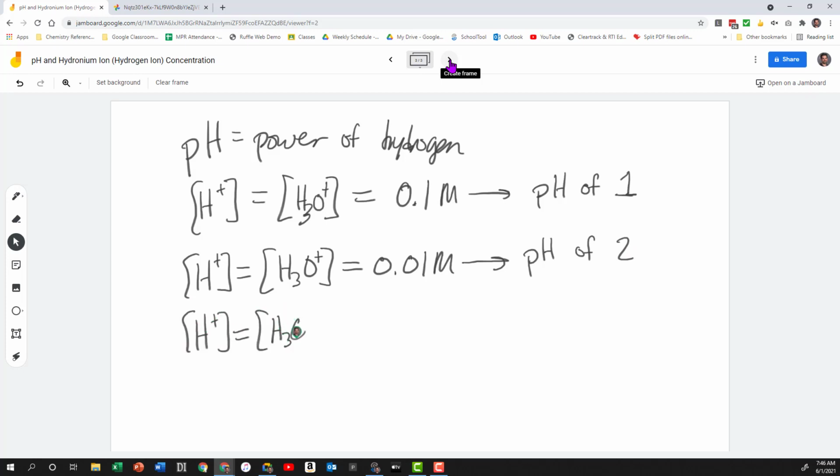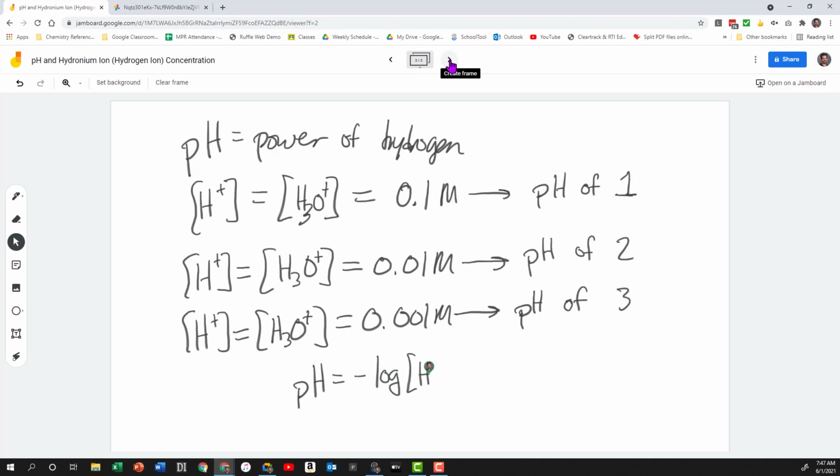Each 10 times decrease in concentration changes the pH by a value of 1. And so the formula for this is negative log base 10 of the H plus or the H3O plus concentration. That's what pH is.